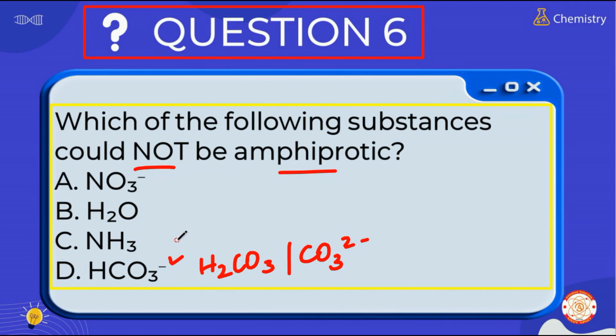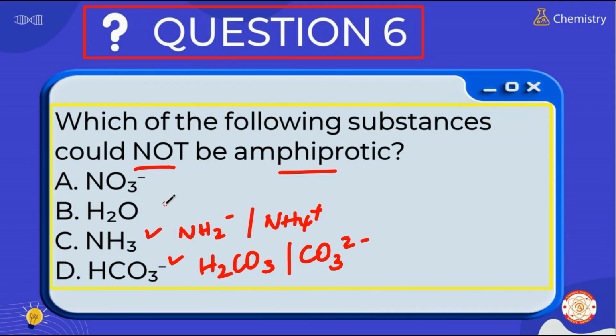Ammonia: when it donates a proton it becomes what? Amide, right, NH2 minus. And when it accepts a proton it becomes ammonium ion. Therefore, ammonia is an example of amphiprotic.